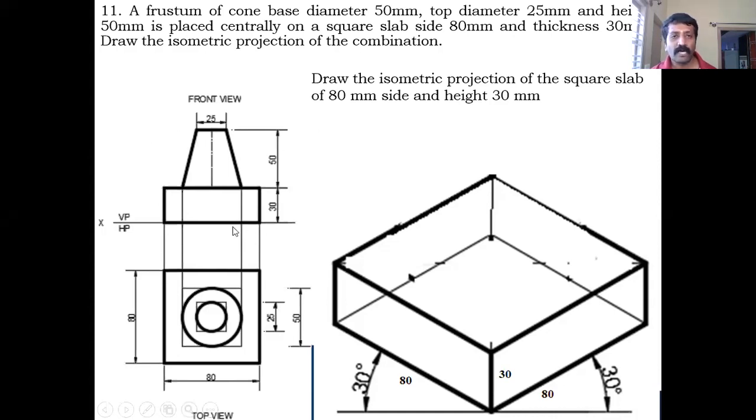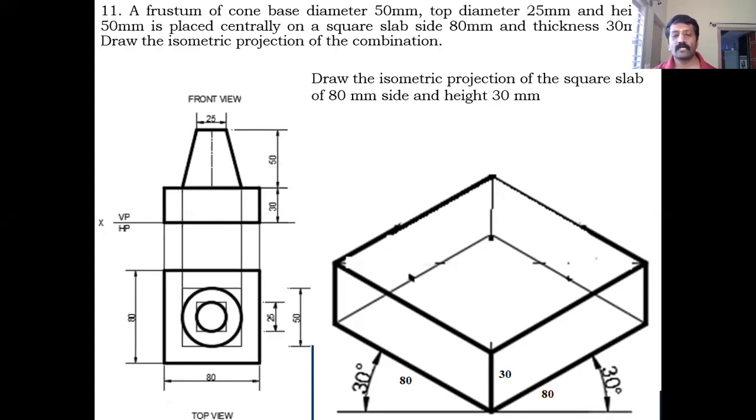Wherever this horizontal line cuts the inner circle vertical projector, that is one side, then you join it to here. This is how you can complete the front view as well as the top view. So after this, let me start the isometric projection of this combination of solids.